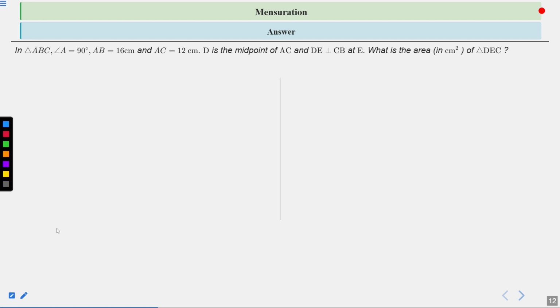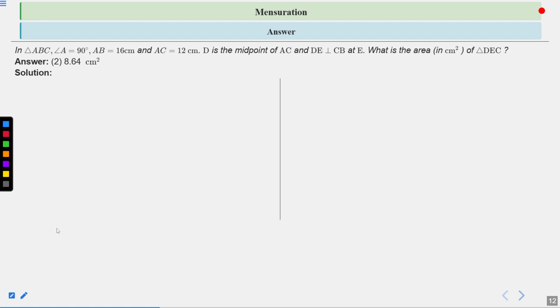Now it is also given that D is the midpoint of AC and DE is perpendicular to CB at E. So what is the area of triangle DEC? So the correct answer of this question is the second one, which is 8.64 square centimeter.